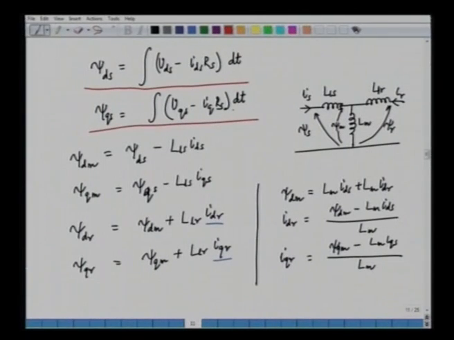As we are going step by step, we are evaluating the air gap flux or the magnetizing flux from the stator flux. The stator fluxes are evaluated by the integration of the voltages VDS and VQS, and whenever we have a practical integrator, it will have some offset, and the offset is usually very small when the voltage is significant.